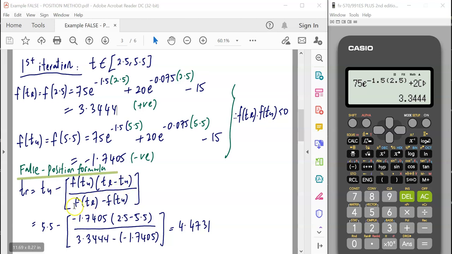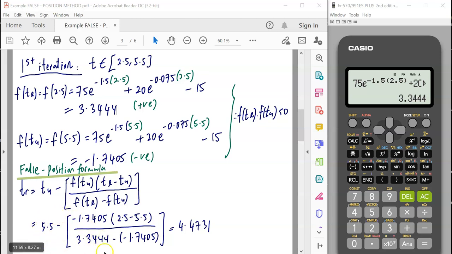And then at the denominator, we have the value of f(TL), and then we minus f(TU). I assume that we insert all the values respectively. So now we look at how to use your calculator.